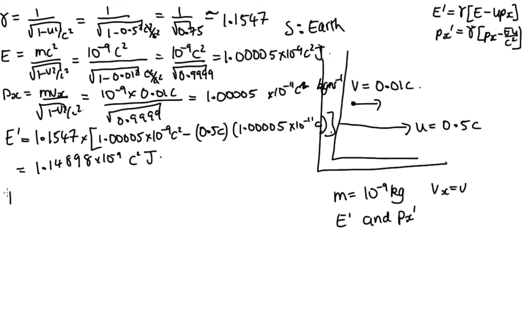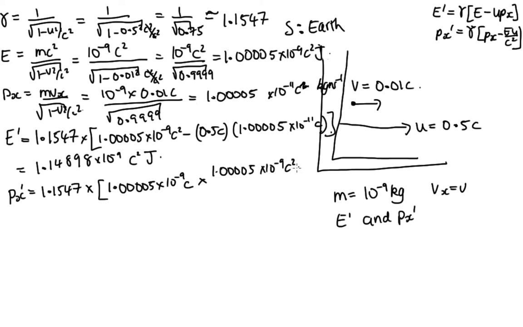Now we can do a similar thing for px. So px prime is equal to, in this case, gamma, which is 1.1547, times px, which is 1.00005 times 10 to the minus 11 c, minus E, which is 1.00005 times 10 to the minus 9 c squared, times u, which is 0.5c, all over c squared.